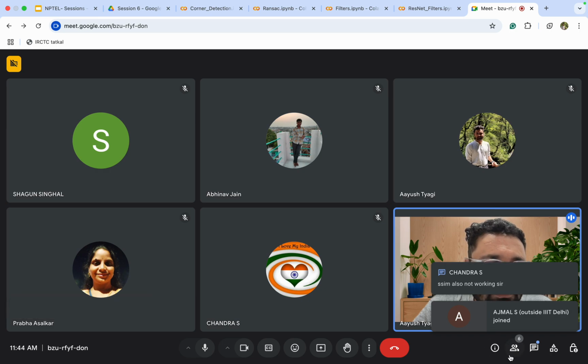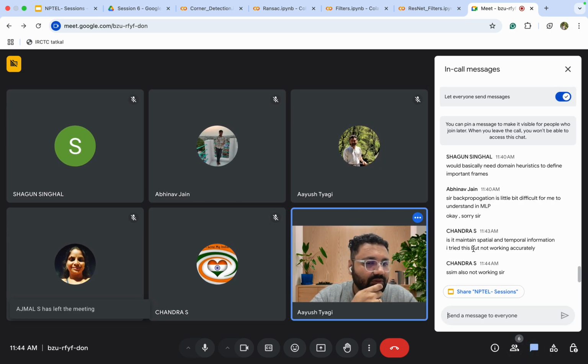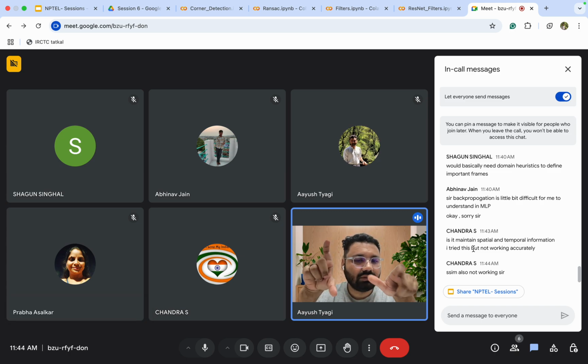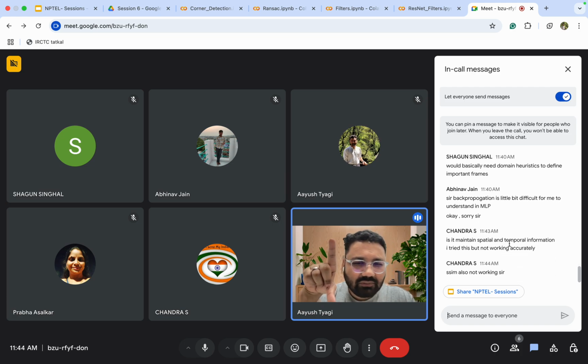SSIM actually will work for image level. So what I'm suggesting is you have frame number 1, you pass it to some sort of architecture, maybe a foundation model. For what kind of modality are you using? You are using ultrasound videos, right?